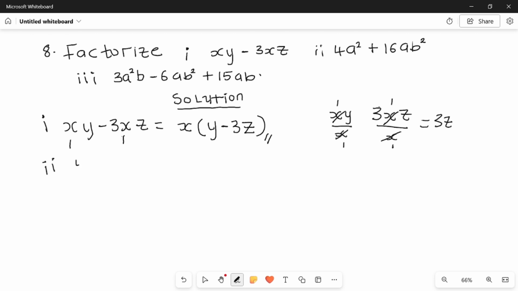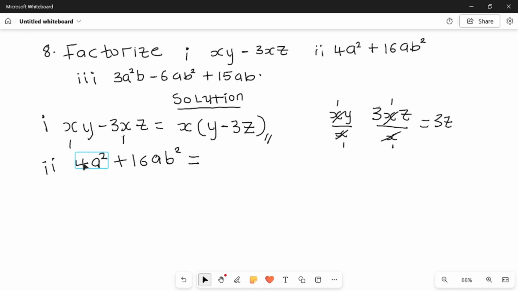So number 2, we are given 4a squared plus 16ab squared. So we'll check what is common between the both of them. 2 can go into 4 to get 2. 2 can go into 16 to get 8, right?